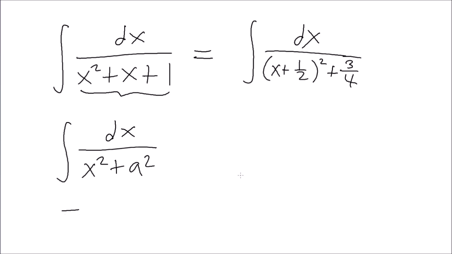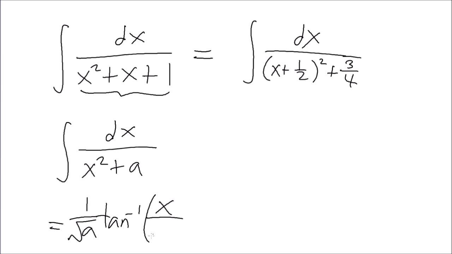So if you have a mysterious number like just a, then it would be 1 over square root of a, inverse tangent, x over square root of a, because this has to be squared. That's why. So do not forget that. This tricks a lot of people. Don't forget that it's the reciprocal and it's square rooted.